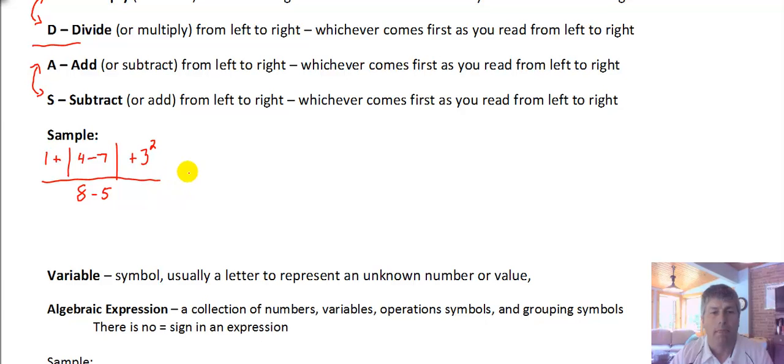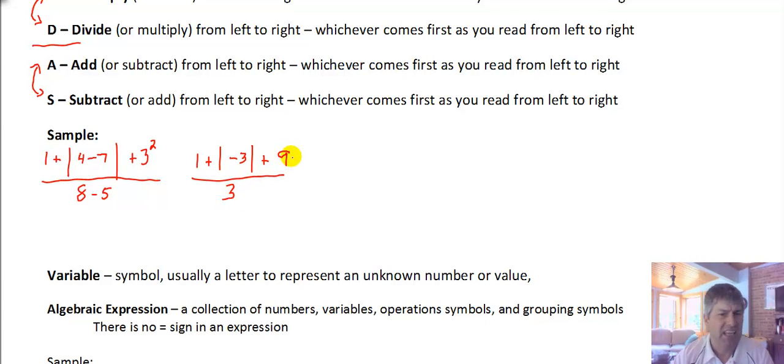So we could do some of this. We've got grouping symbols here with the absolute value. So we have 1 plus the absolute value of negative 3 plus, now we can do the 3 squared. We can do that. Plus 9 all over, and 8 minus 5 is 3.